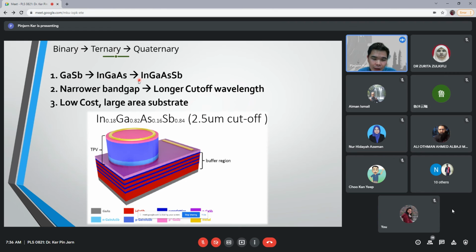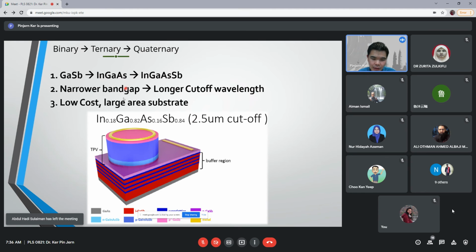Now, we have a few ongoing works looking at quaternary compounds together with Lancaster University, where they are helping us to grow some of the indium gallium arsenide antimonide devices for a few reasons. You may say that you have a 2.5 micrometer, about 2500 nanometer cutoff, very similar to the InGaAs.